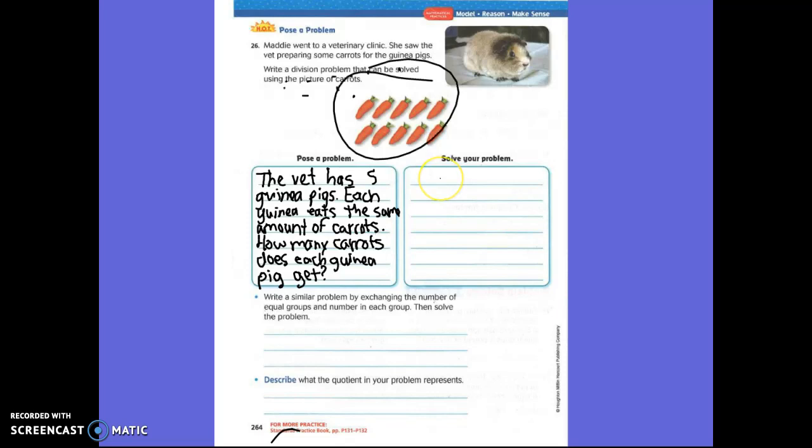You know the amount of carrots, guys, because there's a picture, and the problem said to write a problem using the picture. So, there are 10 carrots. And 5 guinea pigs.